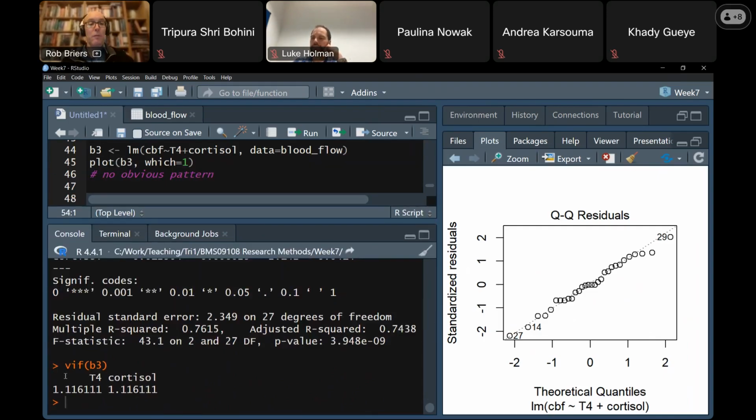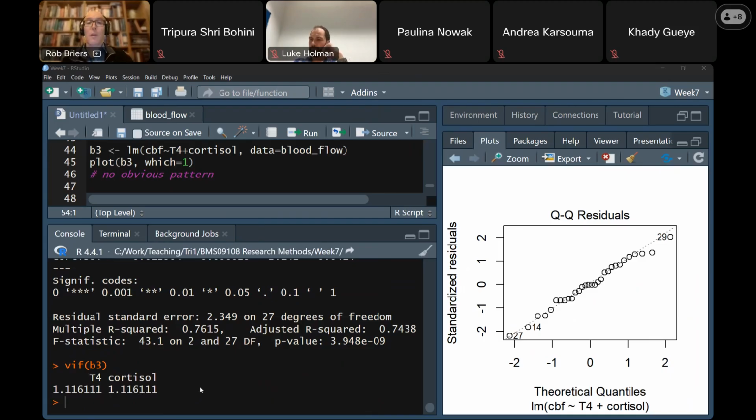So what we've got here, we get two values, one for each variable. Essentially, what that shows you is whether there's a correlation between our predictors. If those values were high, then it would show which ones were correlated with each other.